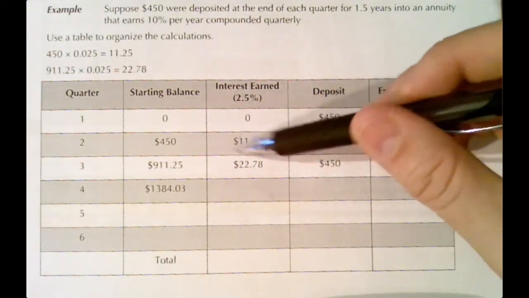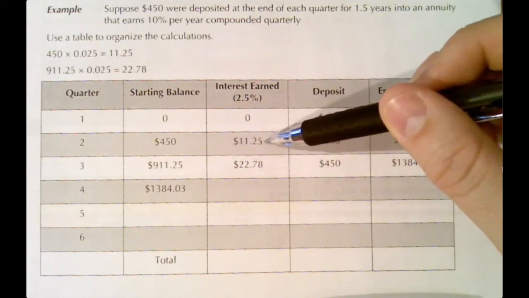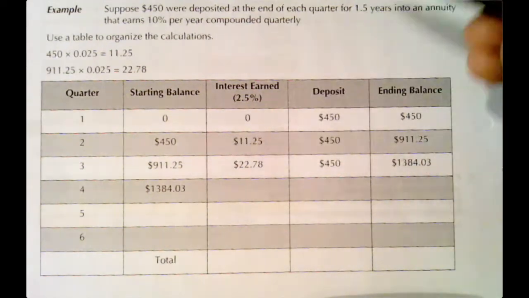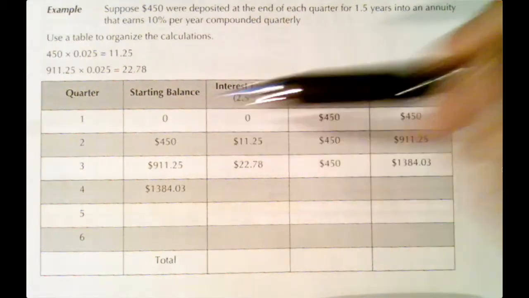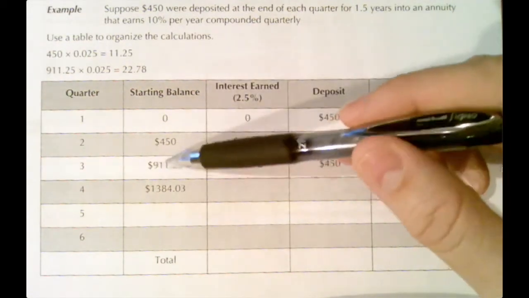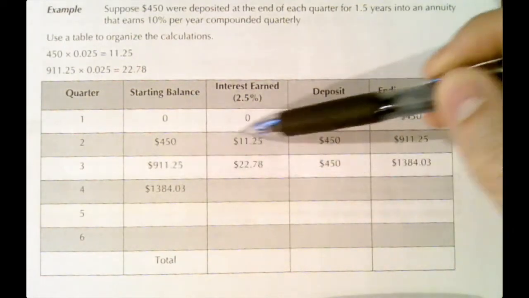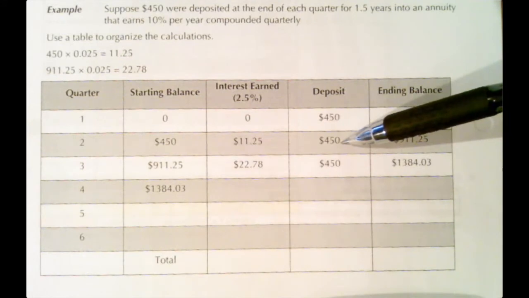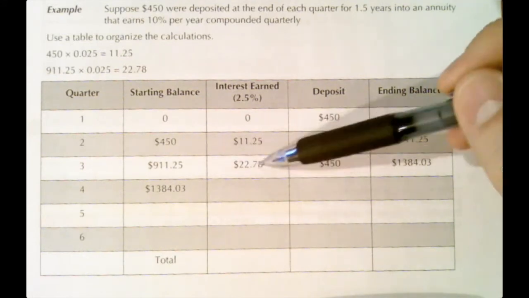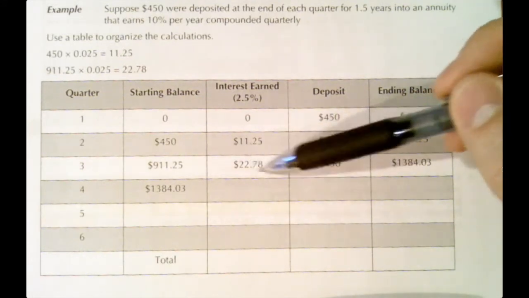Much more interest than we earned the first time. In fact, more than double. Why is it more than double? Well, $11.25 is how much interest we would earn on $450. Since now we have $911.25, we're earning the $11.25 on this $450, on this $450, which would be $22.50. There's still a little bit extra in there, an extra 28 cents.